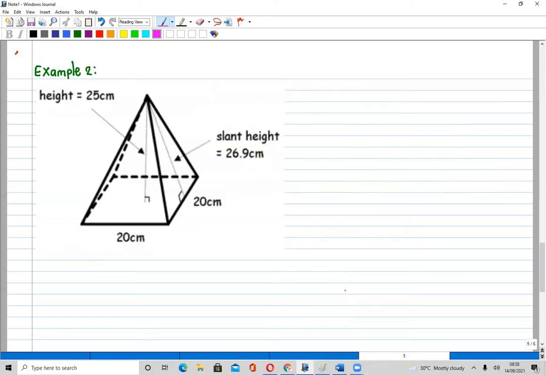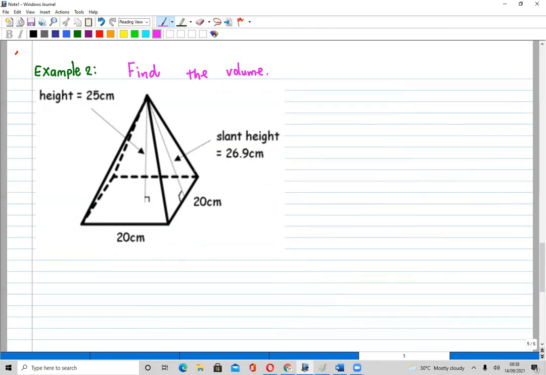Now, we are going to have another example to understand this very well. So, assume that we need to find the volume of this pyramid. The first important thing is to know which formula I am supposed to use.